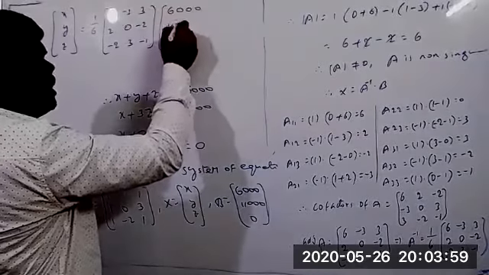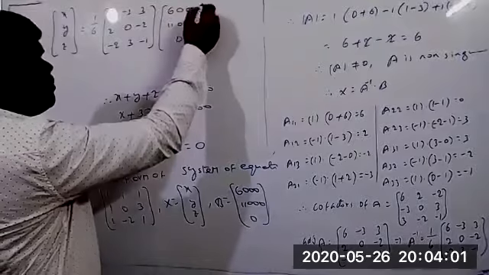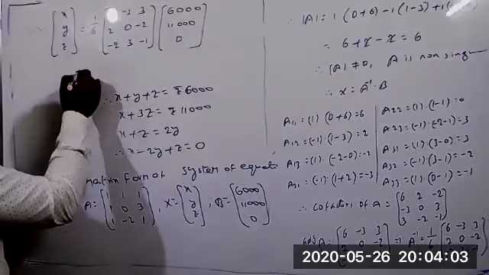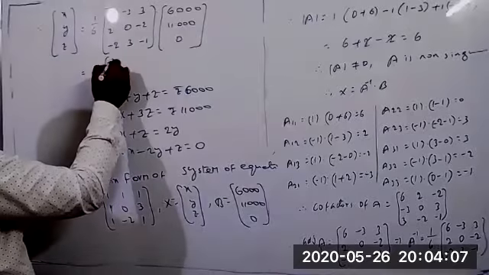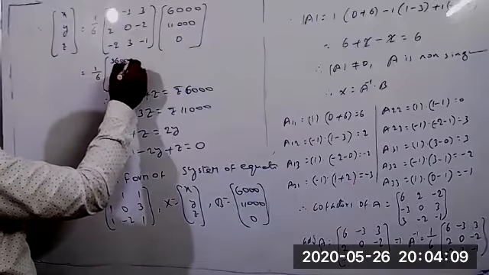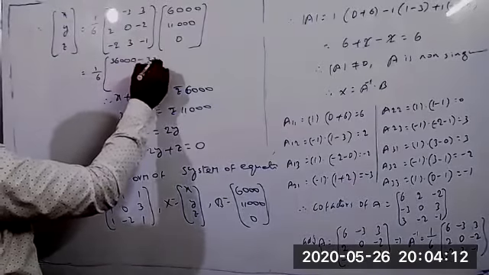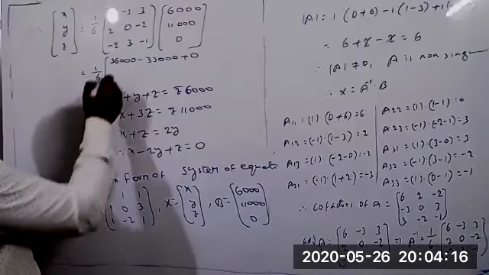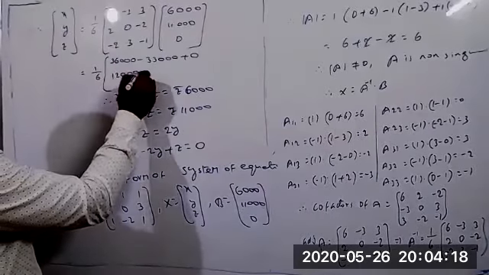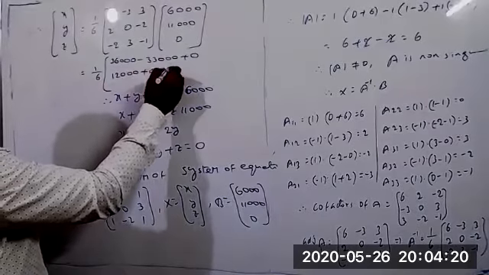6,000, this is 11,000 and 0. So multiply now, 1 by 6 into 6 into 6,000, this is 36,000 minus 33,000 plus 0. And second one 12,000 plus 0 plus 0.